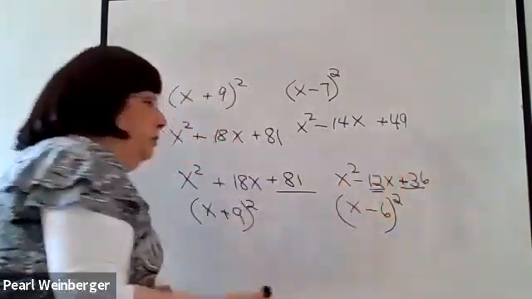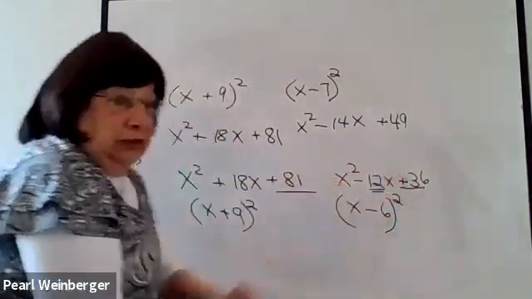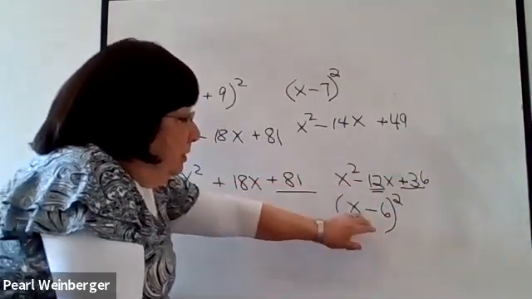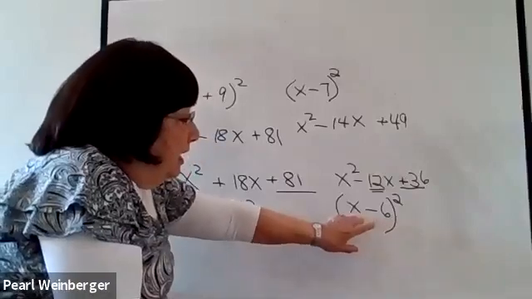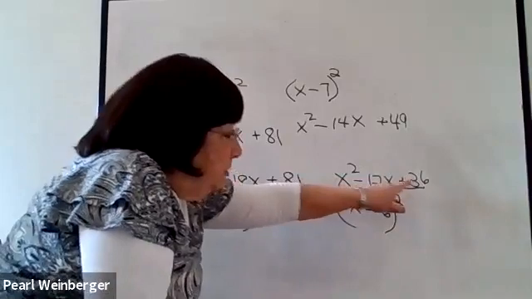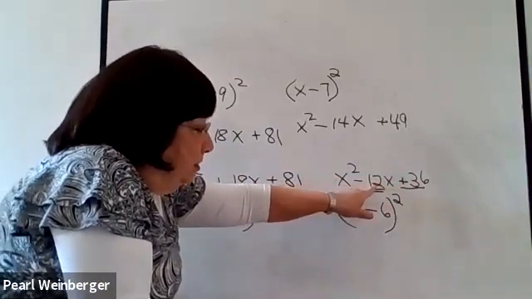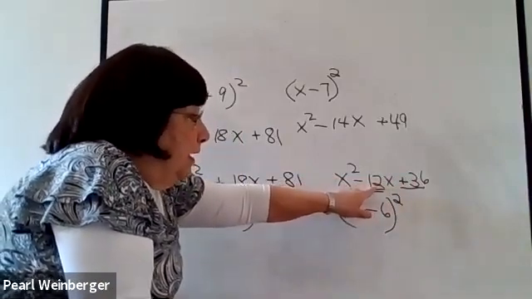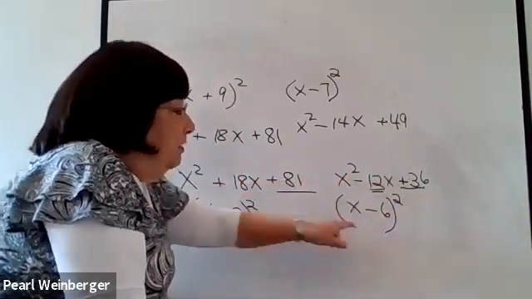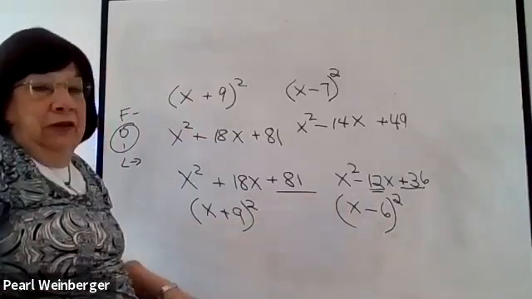The missing number here is 36. And the answer written as a binomial squared is x minus 6 squared. So how do we find this 36? We take half of this number and square it. -6 times -6 is 36, and that gives us the binomial x minus 6 squared.